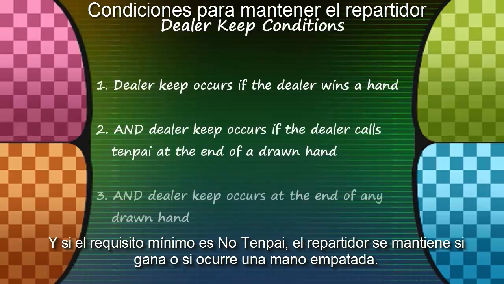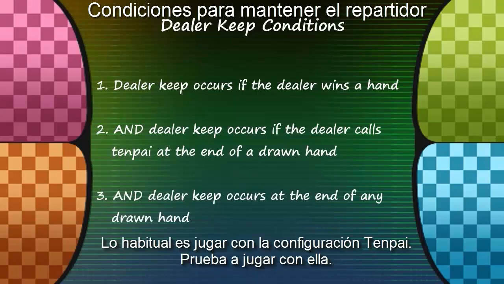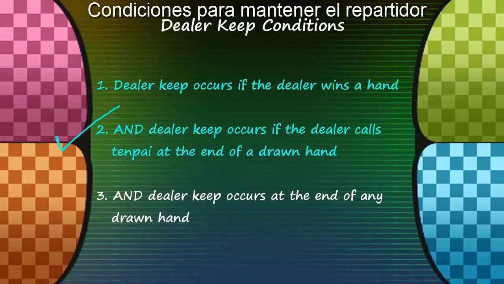And if the minimum requirement is no tenpai, then there is a dealer keep if the dealer wins or after any drawn hand. Some rules might even use different settings depending on the current round. The nominal setting for this rule is tenpai. Try playing with that.